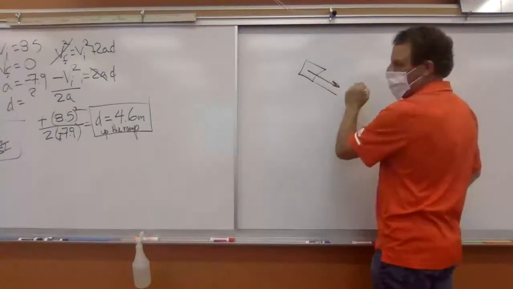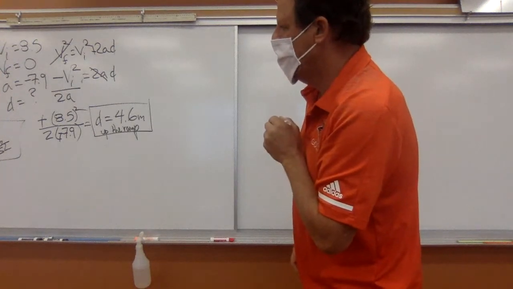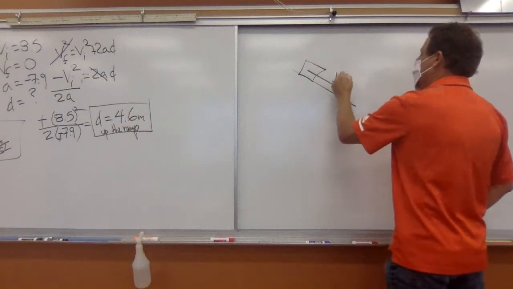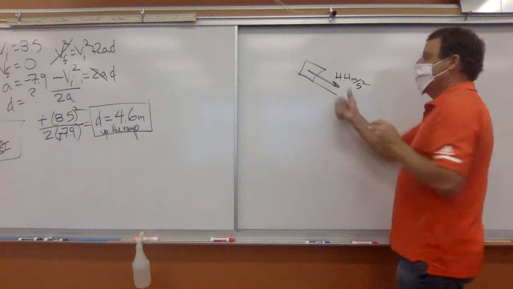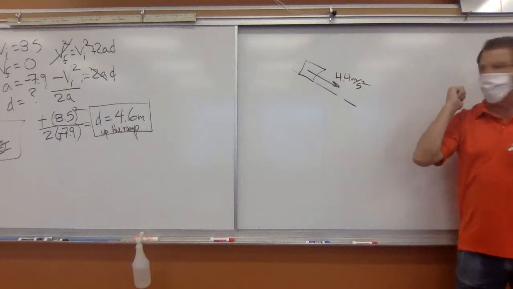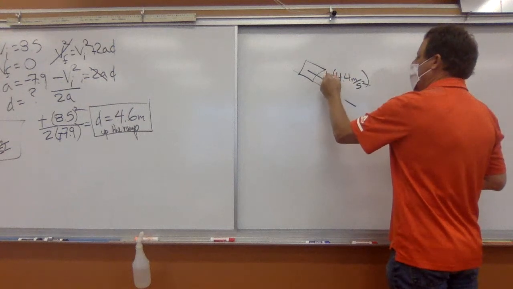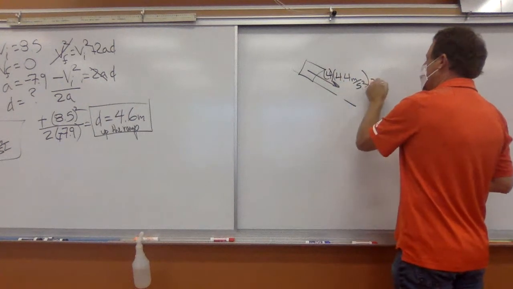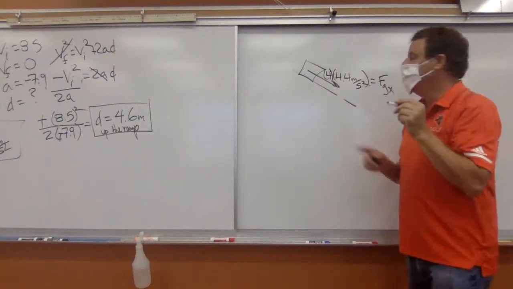Now, the gravity, what was our gravity? 4.4. So we're going to have 4.4 meters per second squared down the ramp. If we multiply that by our mass, 4, this is going to be our force of gravity in the x direction.